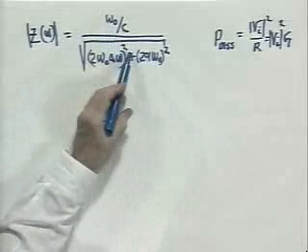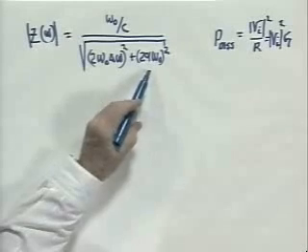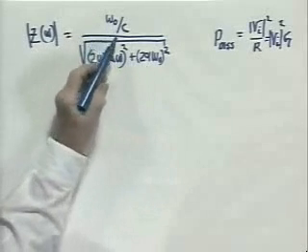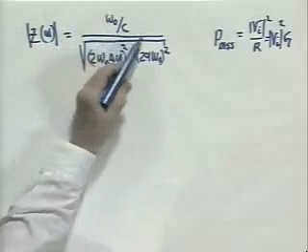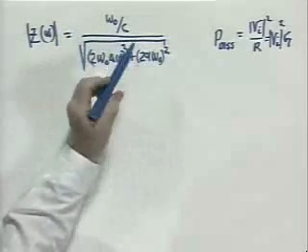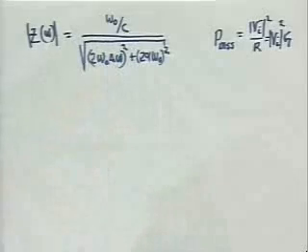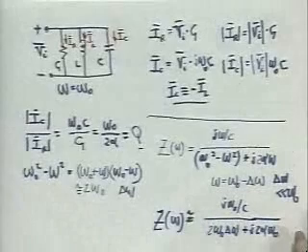The omega naughts cancel, the C cancels, and we end up with simply G as the value of this, R as the value of this at resonance, as we saw a page or two back.